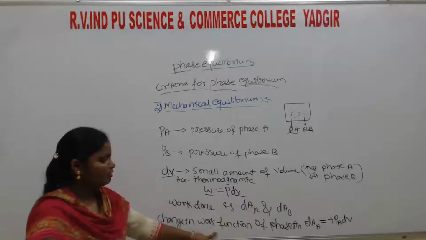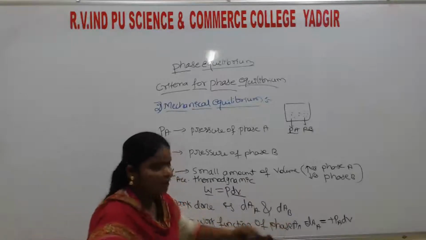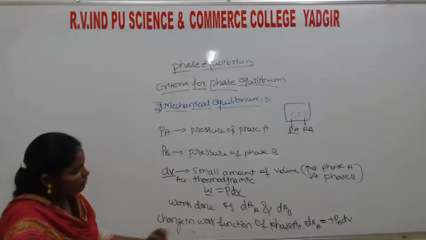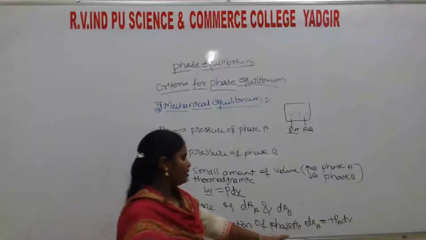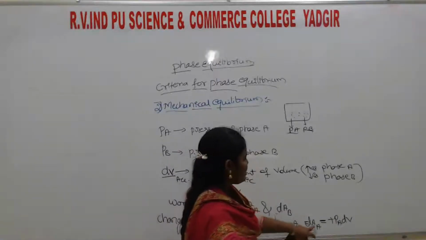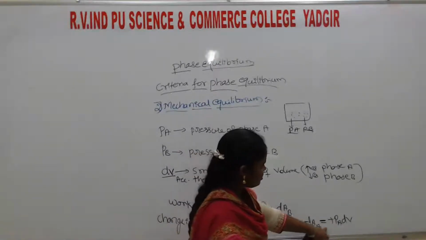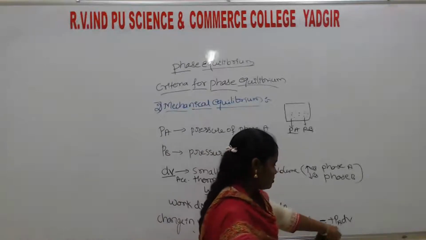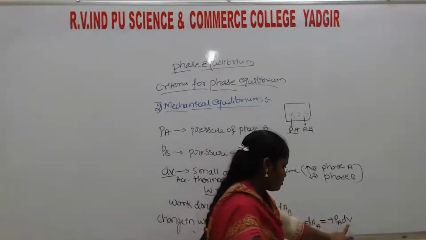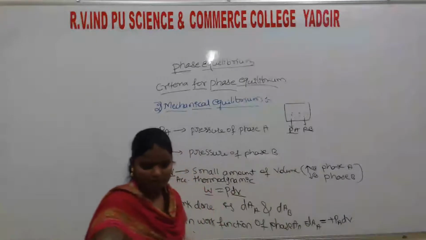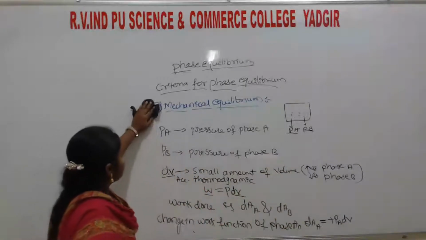The change in work function of phase B, dA of B, equals minus PB dV.